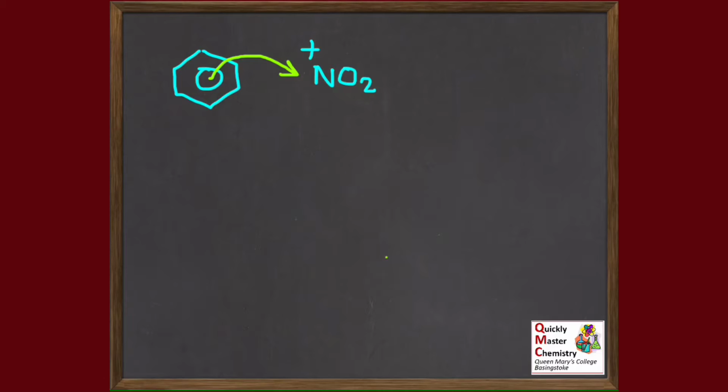The donation of a pair of electrons from the region of high electron density to the positively charged electrophile to form a covalent bond. That gives us initially this unstable carbocation type intermediate with the positive charge, which we show as kind of delocalized in the ring as opposed to any specific point.